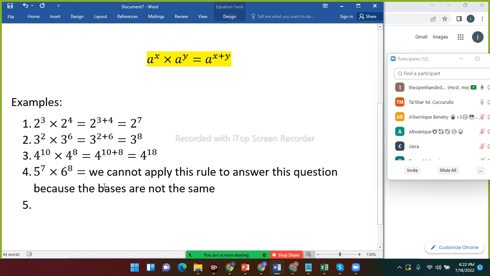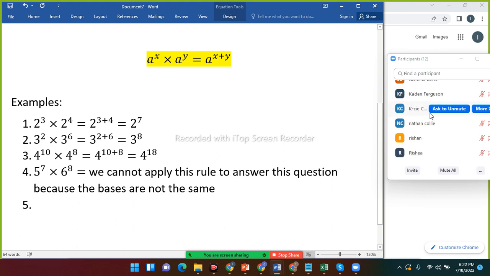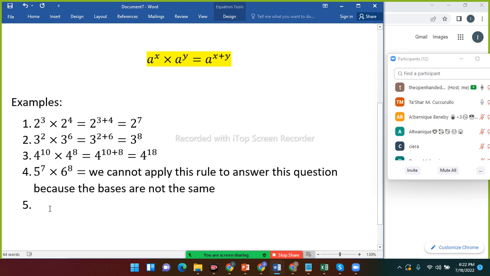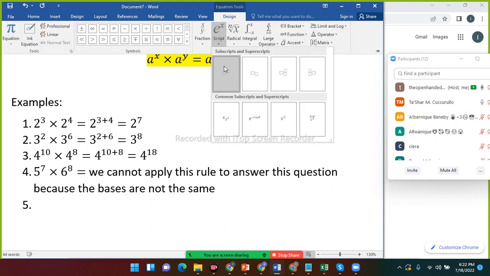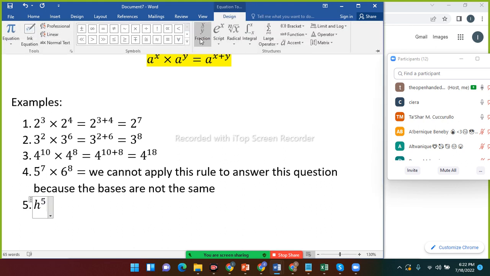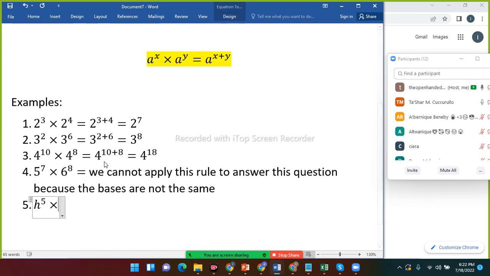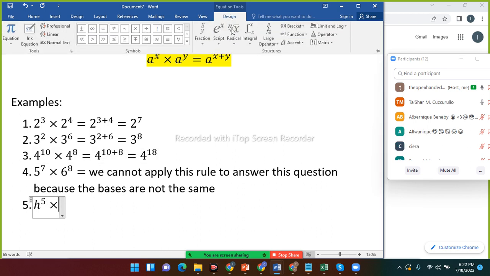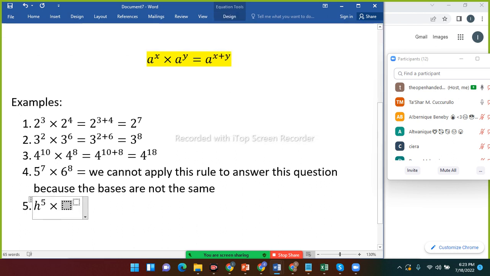What about letters? Say for example I have, and for this one I want Surya to help me with this. Let's say I have h to the power of 5, and I'm going to multiply that by h to the power of 24.